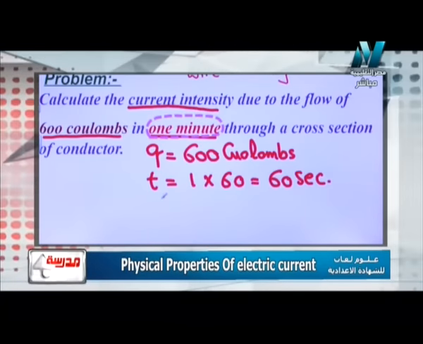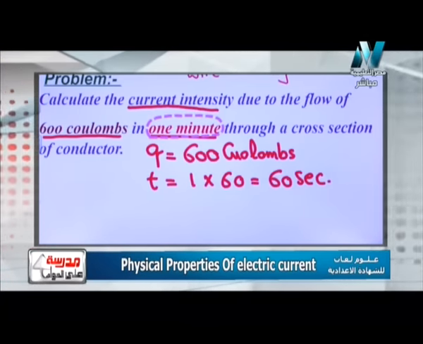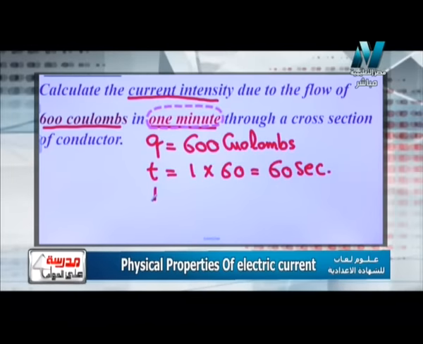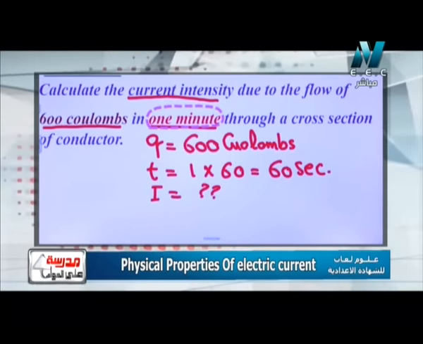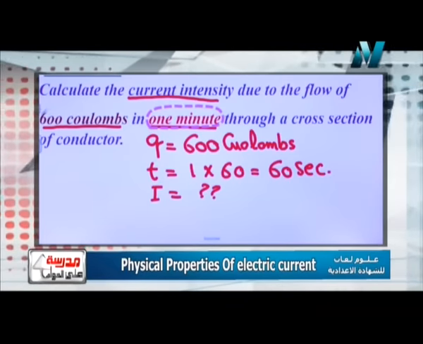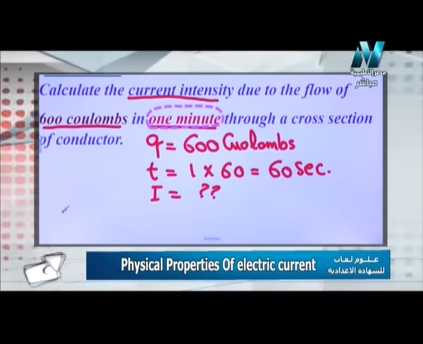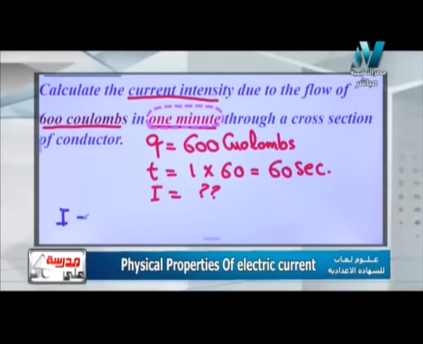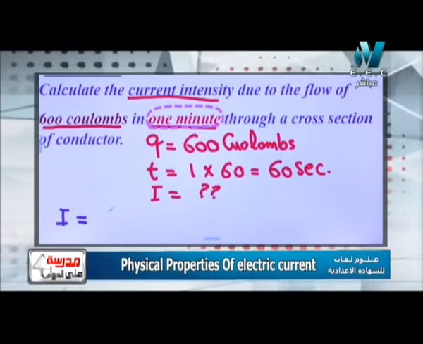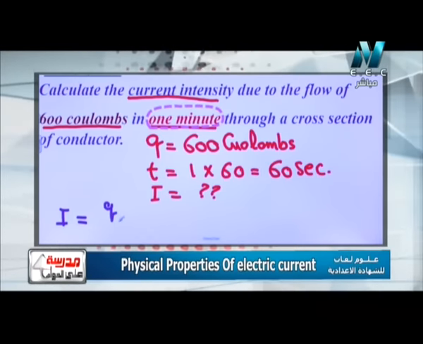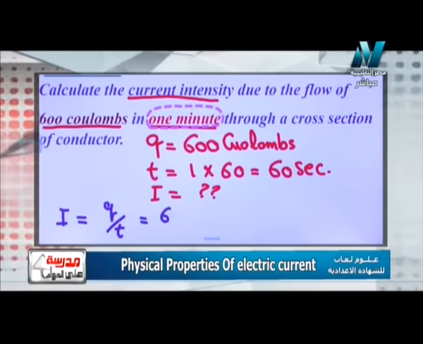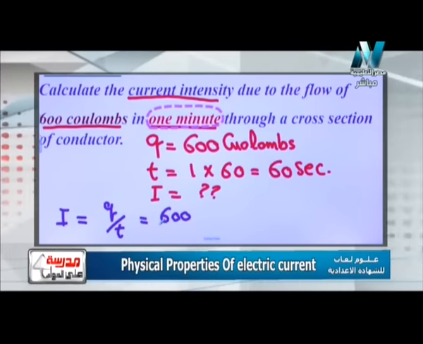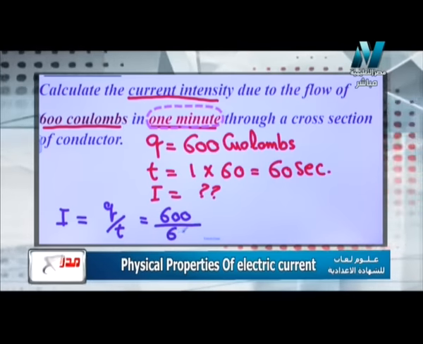بيقول لي calculate the current intensity. So we have to calculate I. I is unknown now. So we know from the magic triangle, I equals Q over T. So I equals 600 over 60.